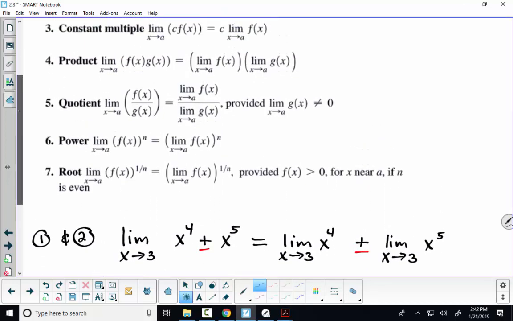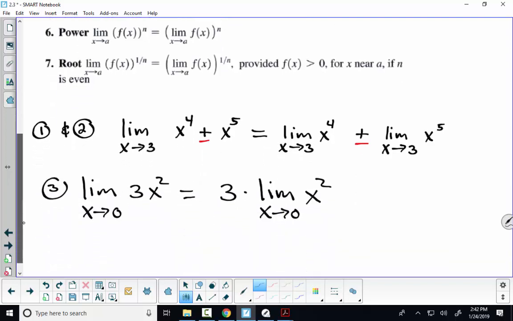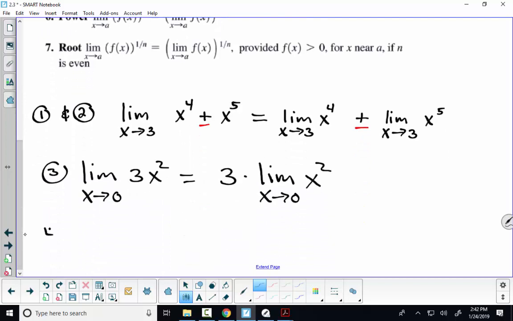Law 4 deals with the product. So if I have the product of two functions, again, the limit can be distributed to both factors, or all factors, and computed individually. So we have the limit as x approaches, let's say, pi of sine x cosine x.